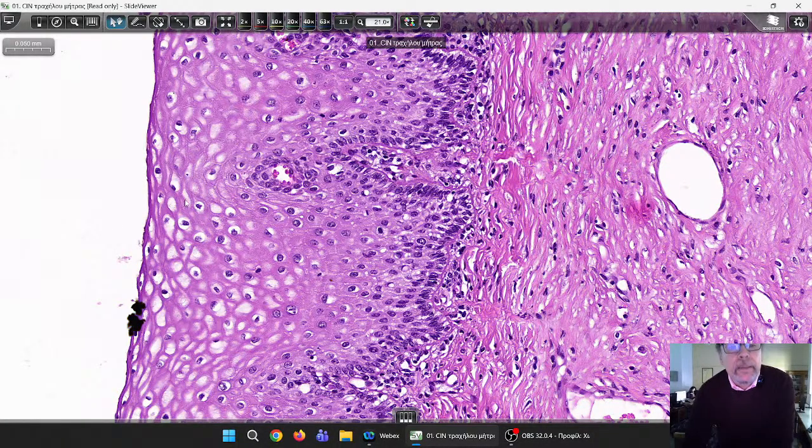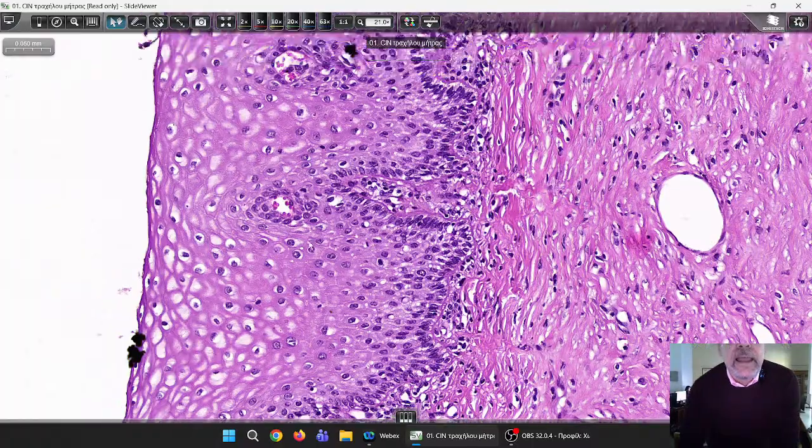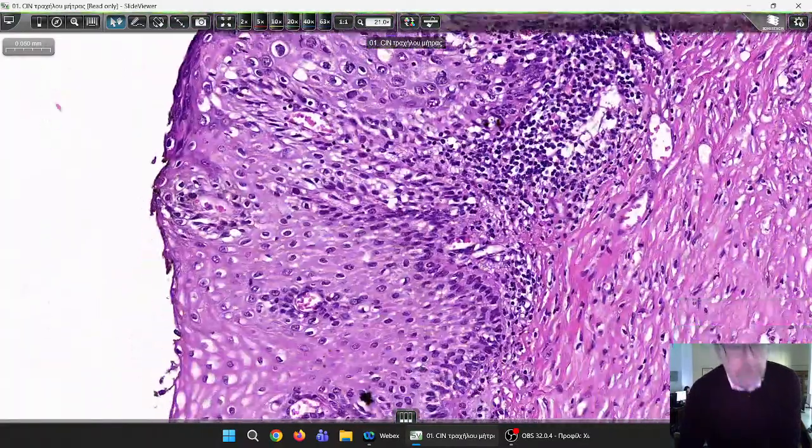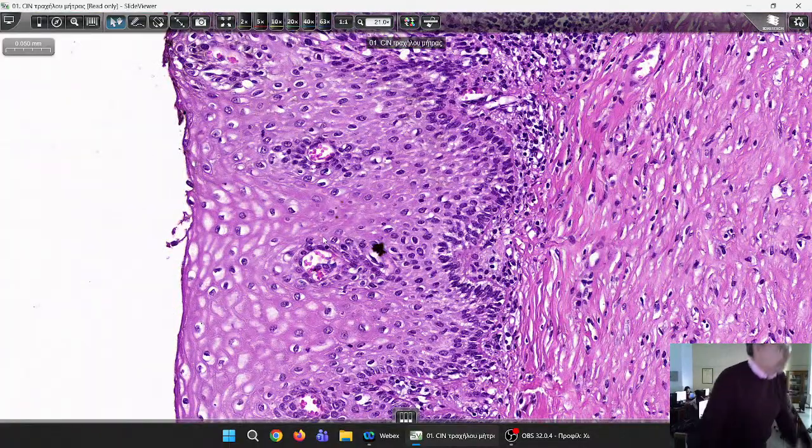What can you say? Yes, please. The ratio of the cytoplasm to the nucleus is not as small as one. This epithelium, is it as dysplastic as this one? It's not as dysplastic.